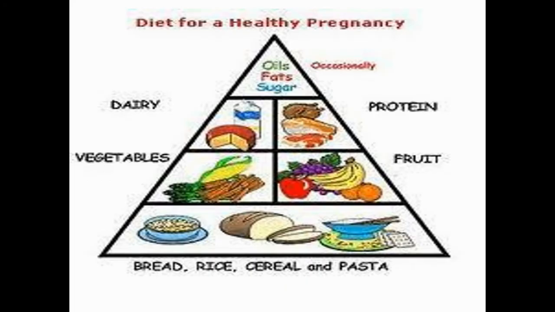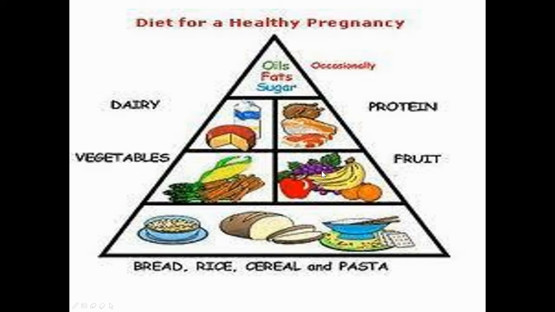And then diet for healthy pregnancy. What are the food items that a healthy pregnant woman should take? They should take more amount of bread, rice, cereal, and pasta. After that, more amount of vegetables and fruits.